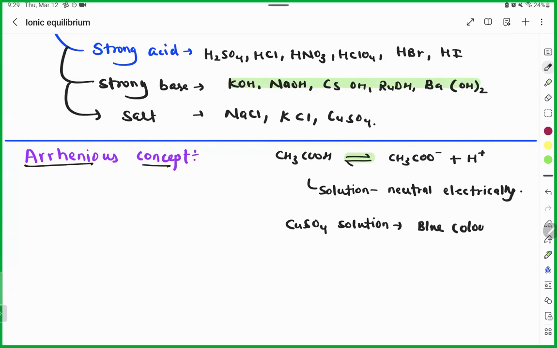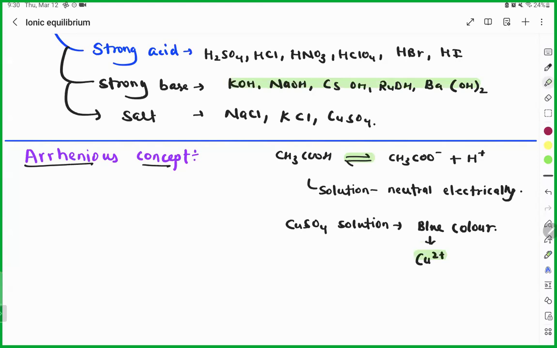If you don't have any water, there will be no color. But if you add water, there will be a color. So what is the reason for this blue color? Copper ion. The ions are responsible for color.